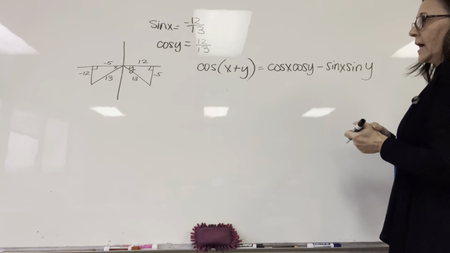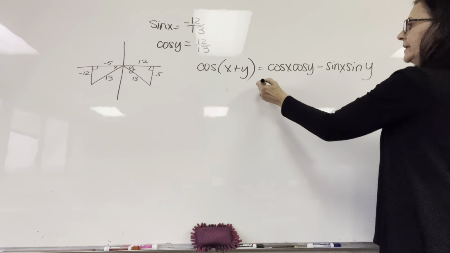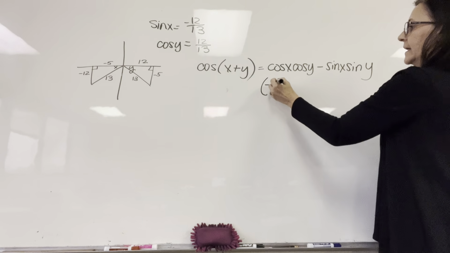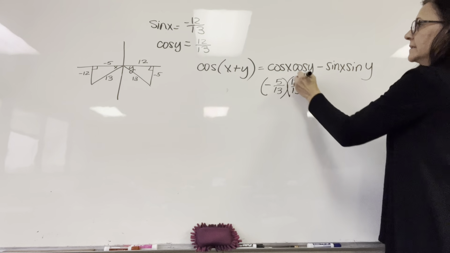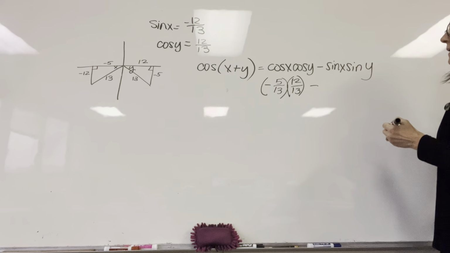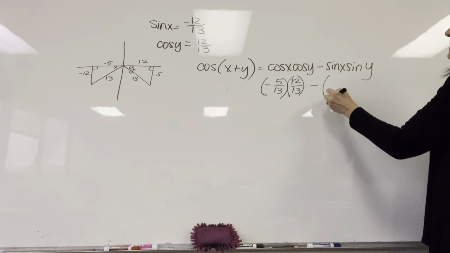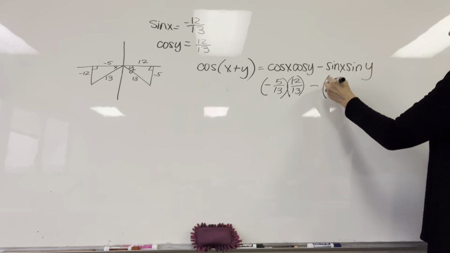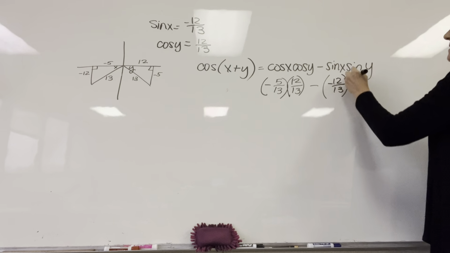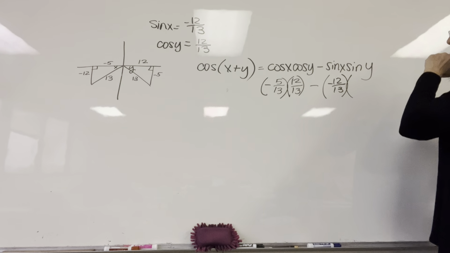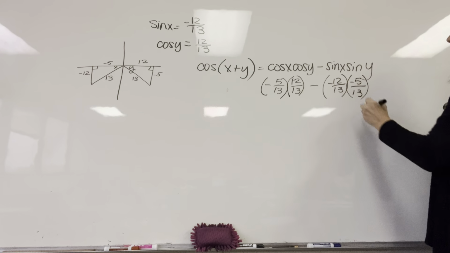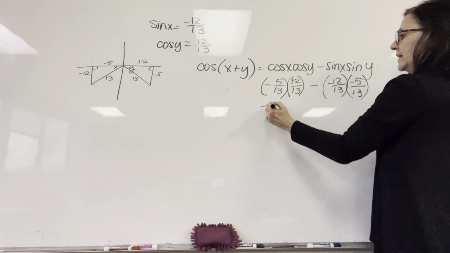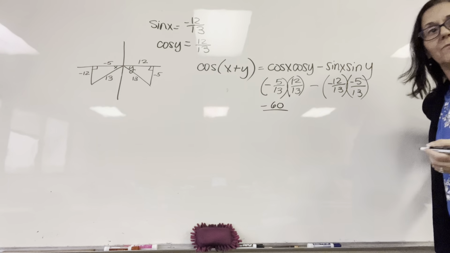All right, the cosine x, third quadrant, it's negative 5/13. Well, the cosine y is 12/13. Minus sine x, it is negative, so that's negative 12/13. Sine y is also going to be negative 5/13. So we have negative 60. What's 13 times 13? Is that 169?